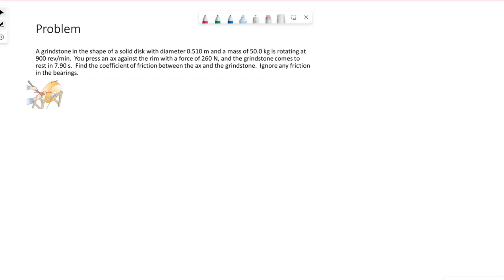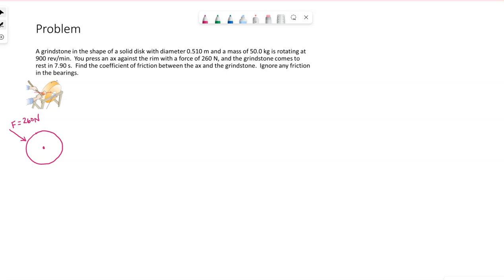All right. So my grindstone, just drawing a picture from the edge. I know we're pushing inwards directly towards the center with the axe. This force is the 260 newtons they gave us.